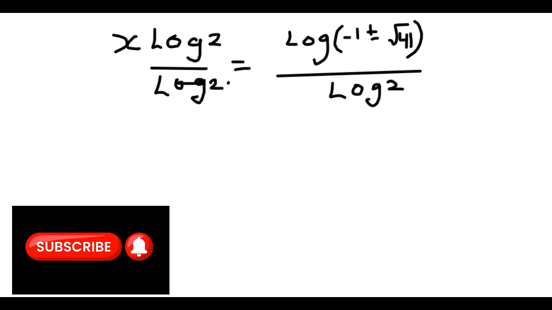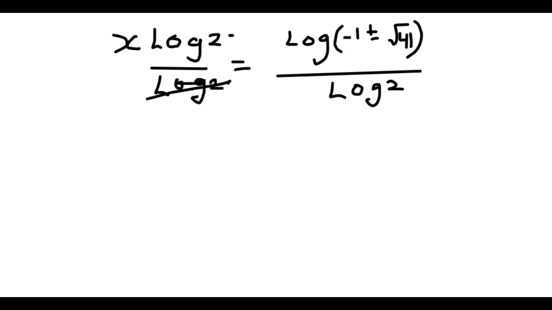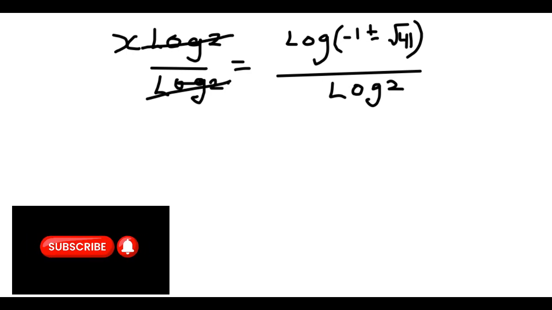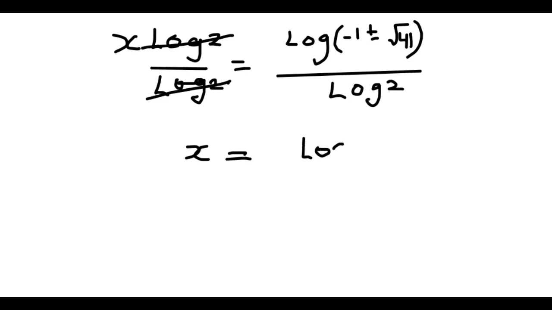Here log 2, we go with log 2. We are now left with x equals log of, into bracket, minus 1 plus or minus square root of 41, over log 2.